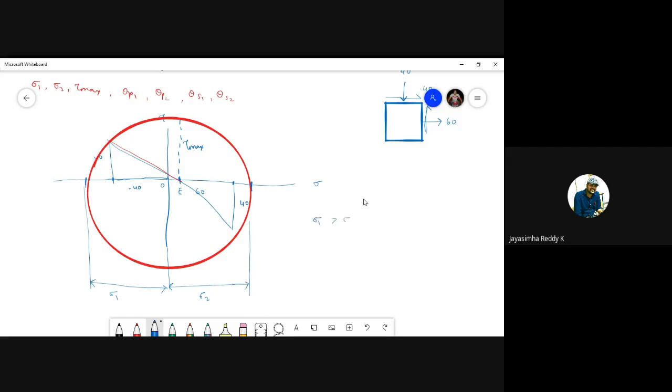Sigma 1 should be greater than sigma 2. Whichever is greater we take as sigma 1, and whichever is less we take as sigma 2. Is it clear, guys? This has sigma 2 and this has sigma 1.